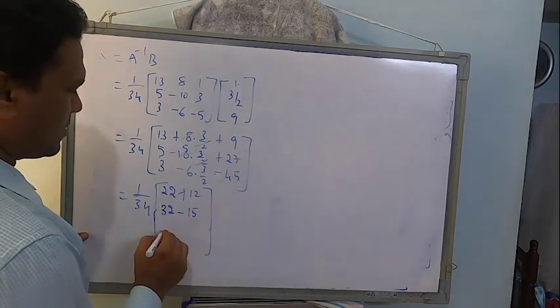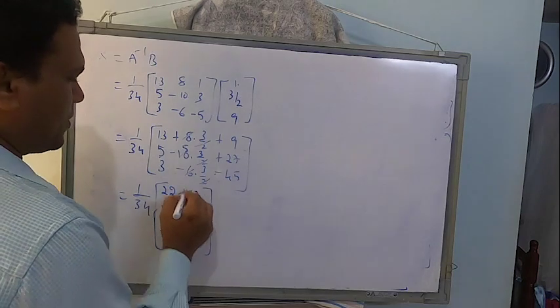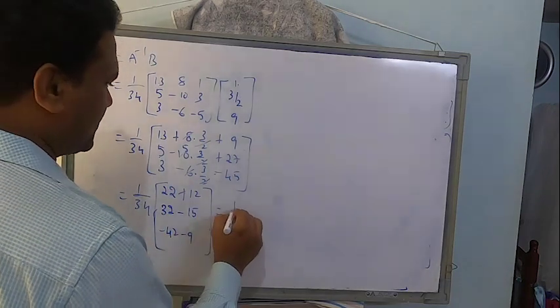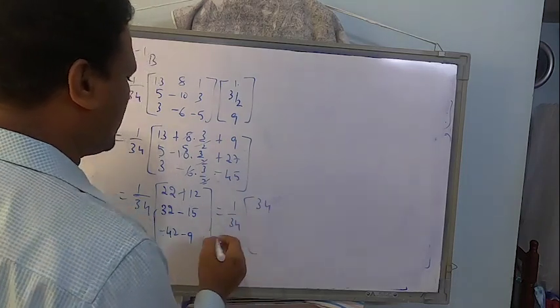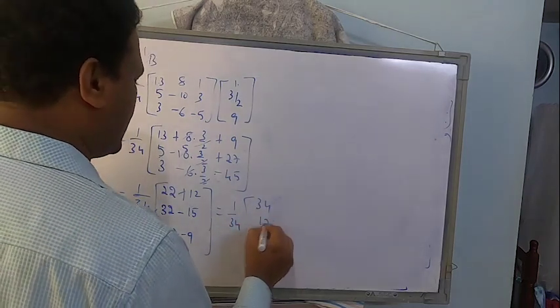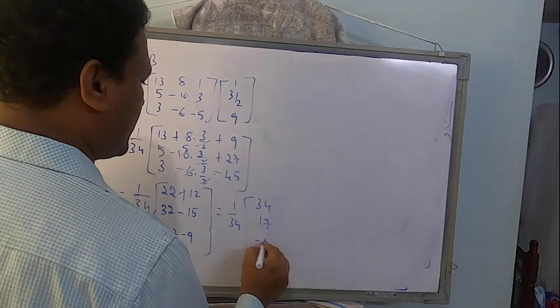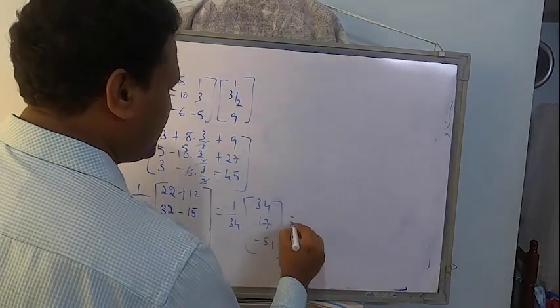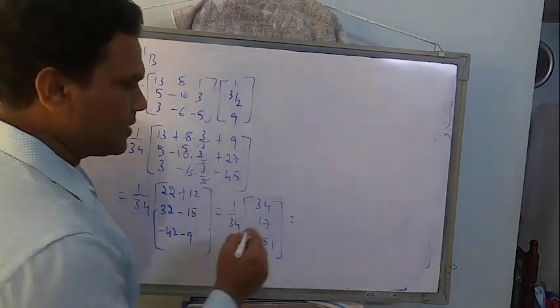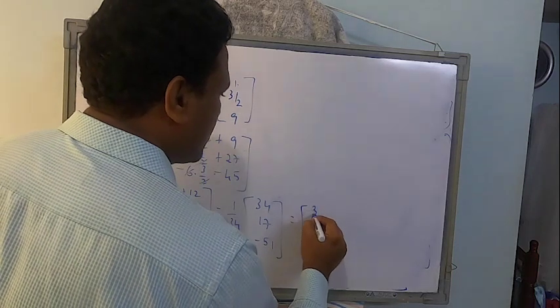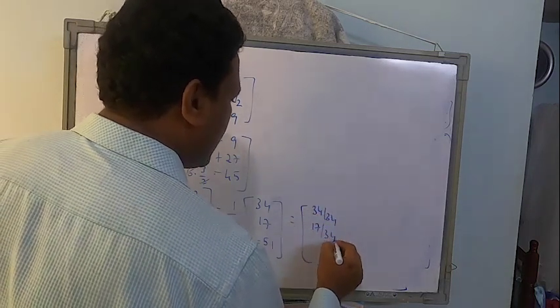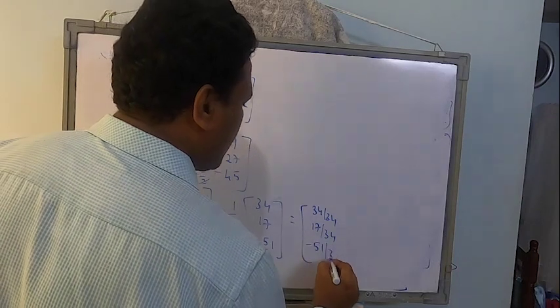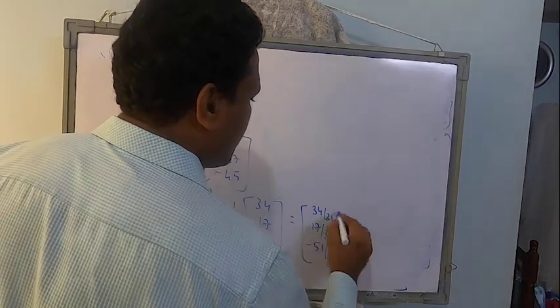This is going to be minus 42 minus 9. So that's 34 and 17 and minus 51. Now the last step is to multiply 1 by 34 inside. So 34 by 34, 17 by 34, minus 51 by 34.